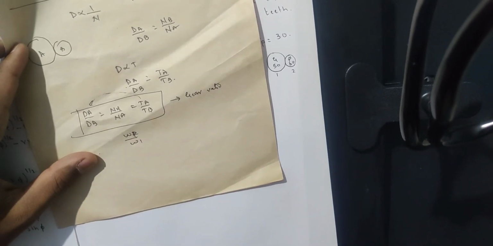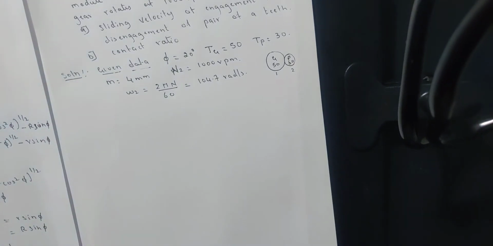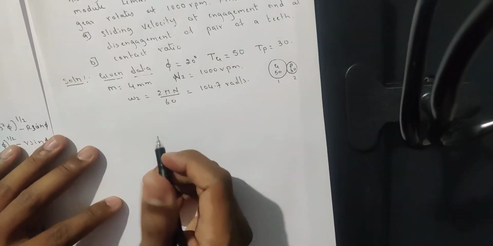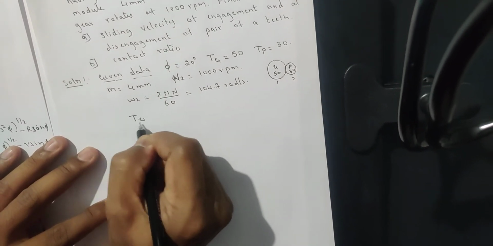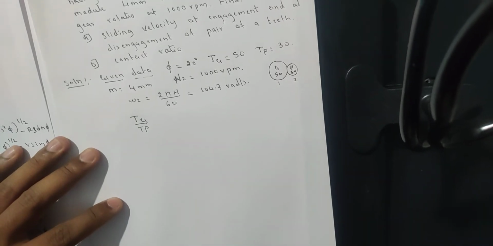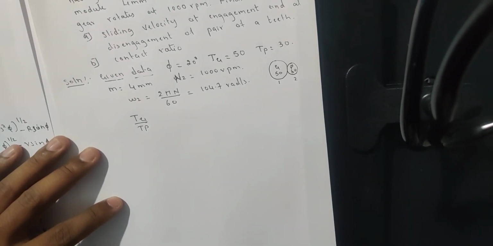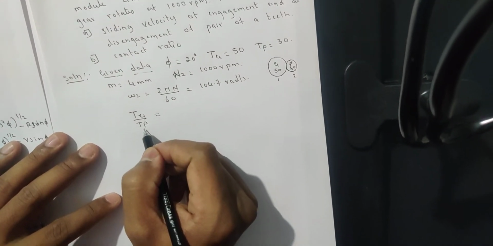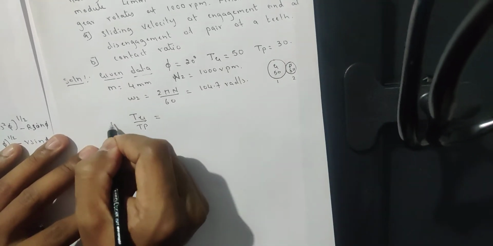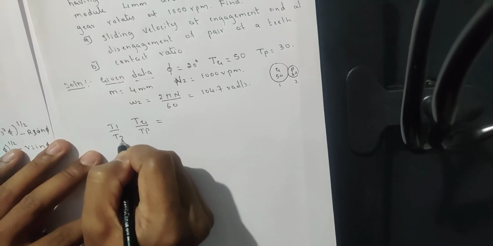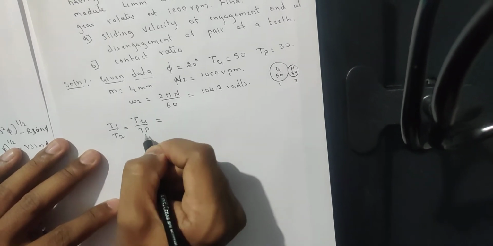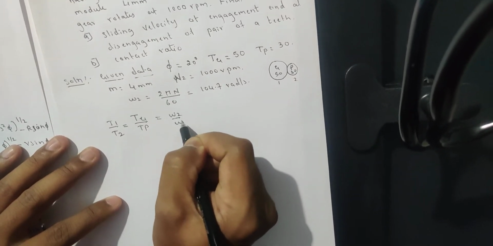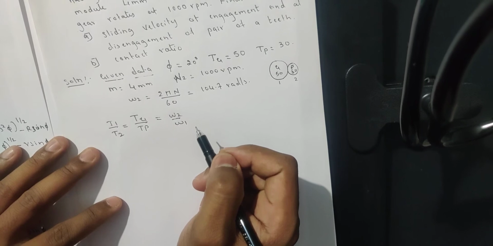First and foremost, we have to take the teeth ratio, Tg upon Tp, it will be inversely proportional. Tp is the second gear, so you can write T1 by T2, which is Tg by Tp, equal to omega 2 upon omega 1.